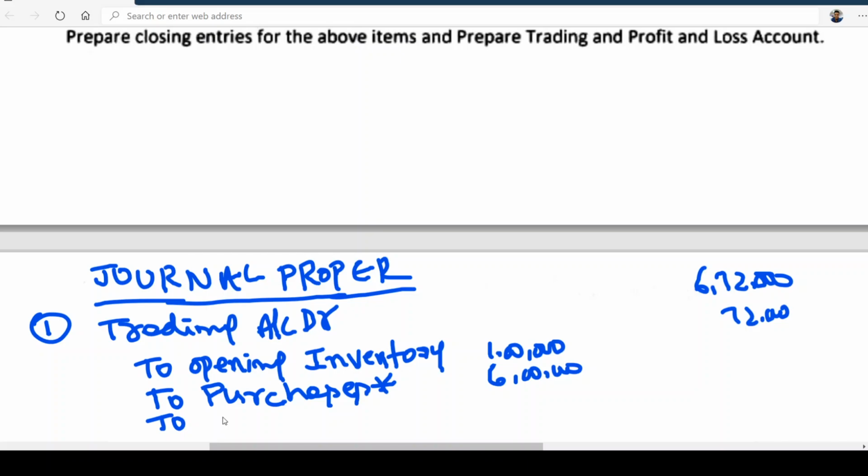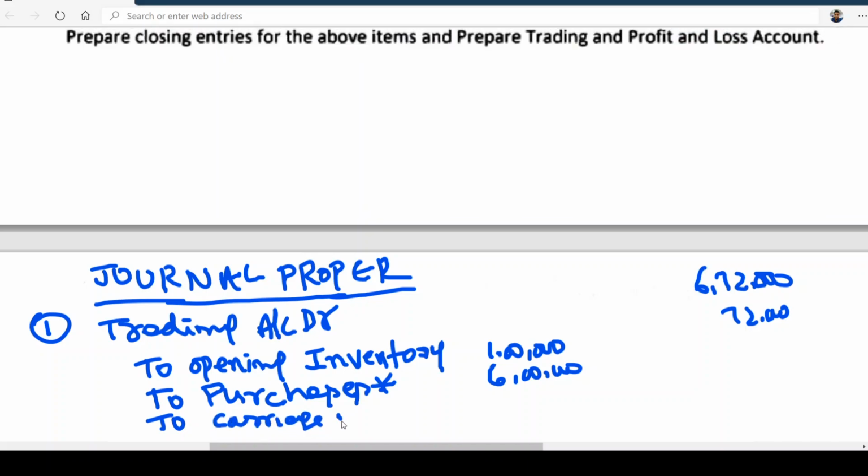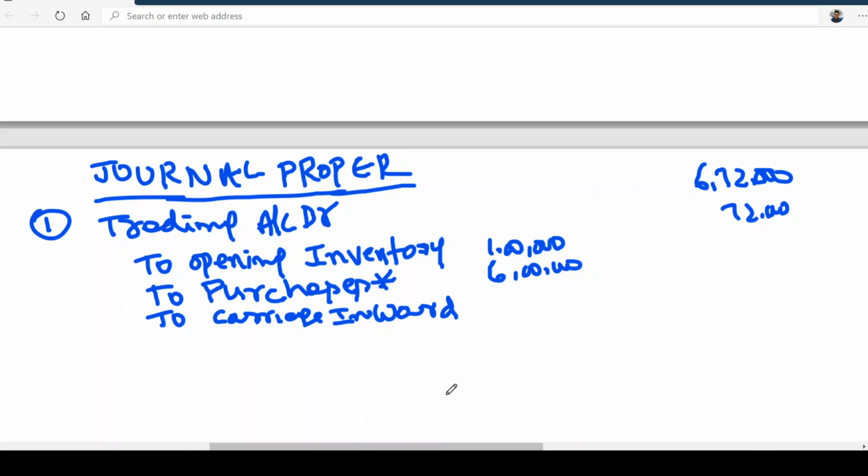Then next, after purchases, we debit in the order carriage inward. What is carriage inward? 30,000. Okay. Carriage inward is 30,000. Then look at the wages part.